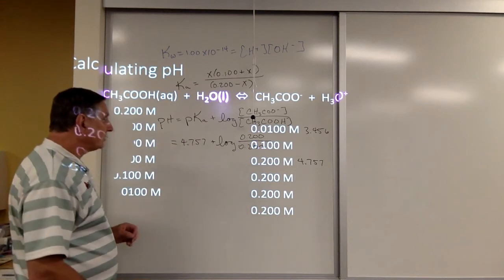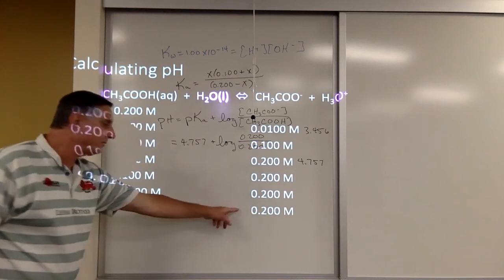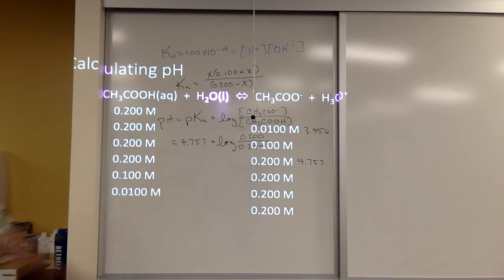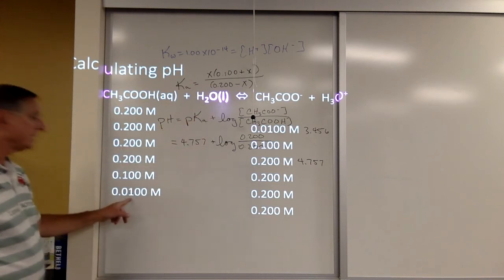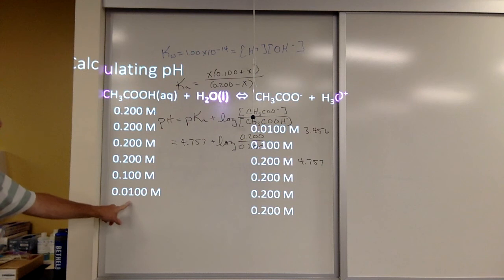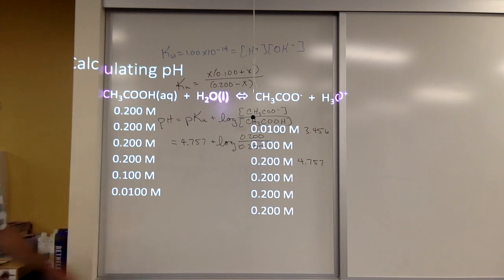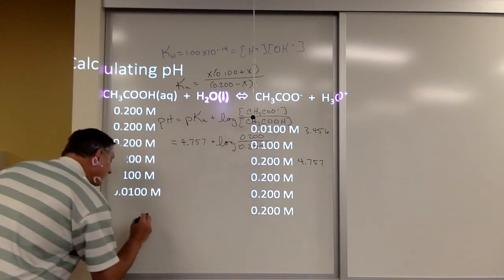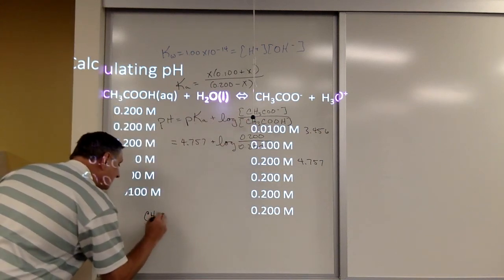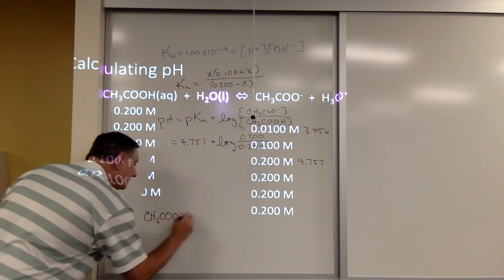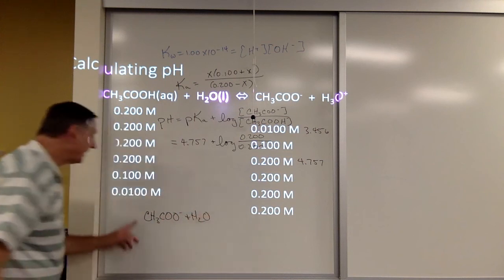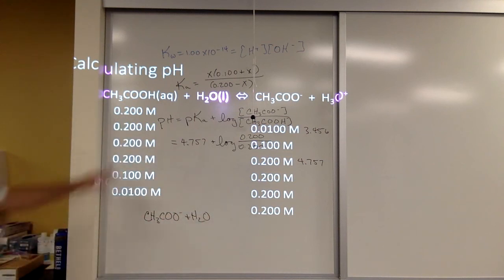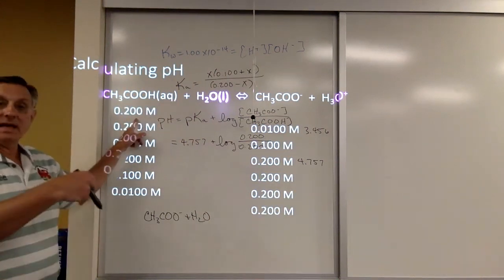The last thing that we'll do is this. What do we do if we have a 0.200 molar acetate ion solution and none of this? This goes to 0. At this stage, we only have acetate, so we have acetate and water. Up here, it's just the acid in water.